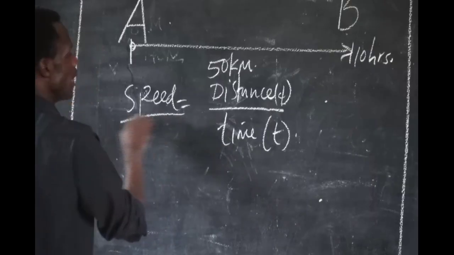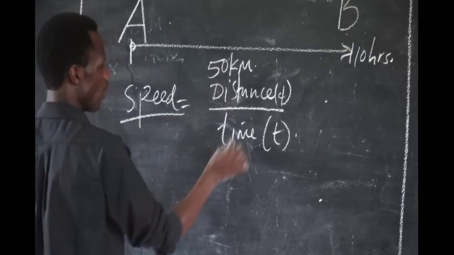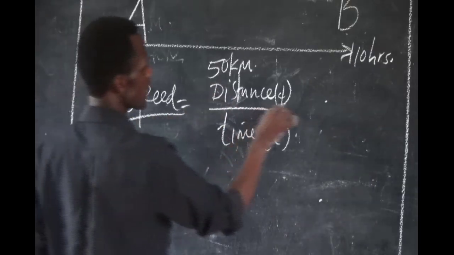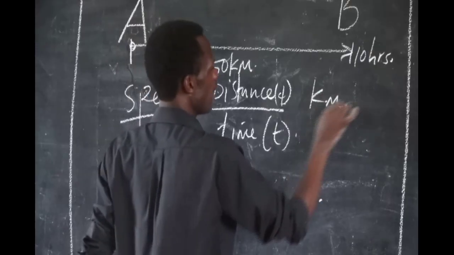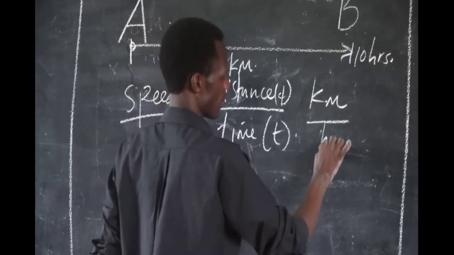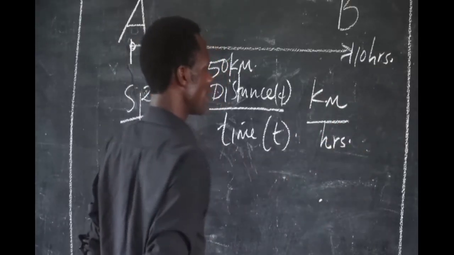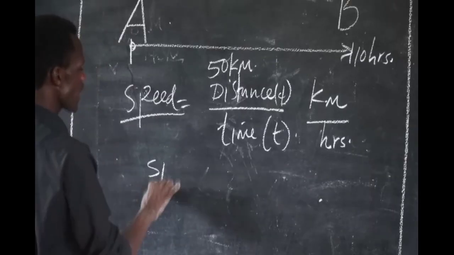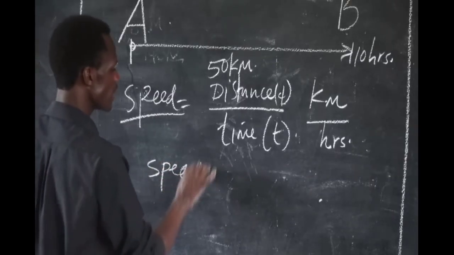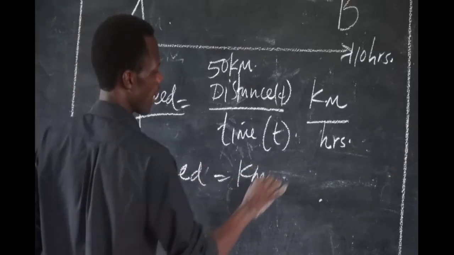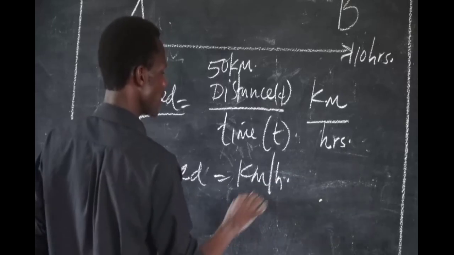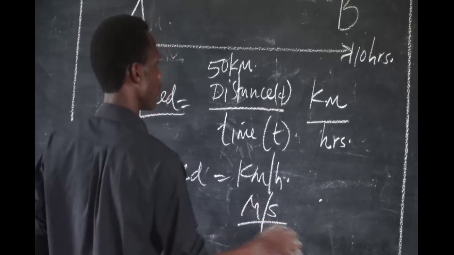The speed is the distance that you have traveled over time. If distance is measured in kilometers and time in hours, the unit of speed is kilometer per hour, but speed can also be measured in meters per second.